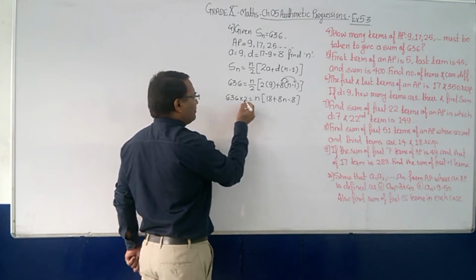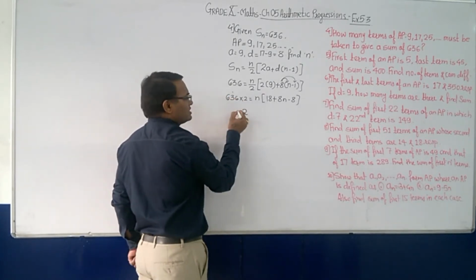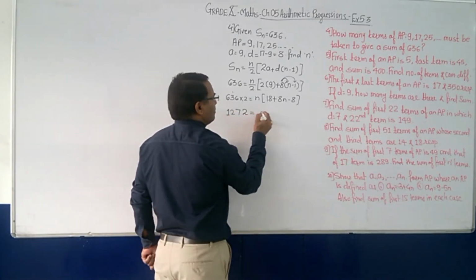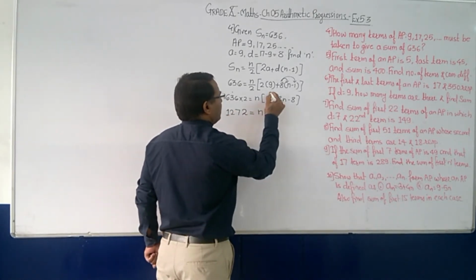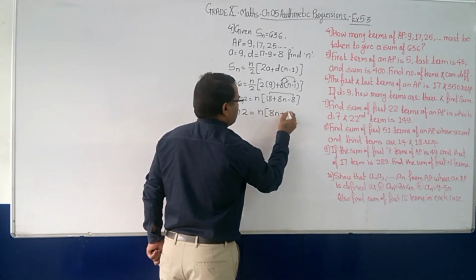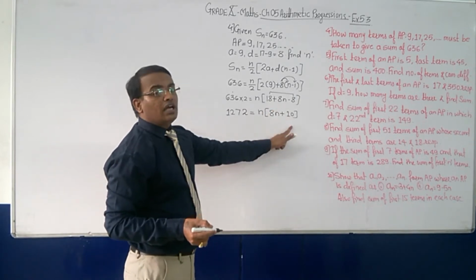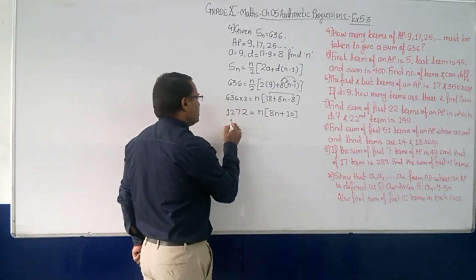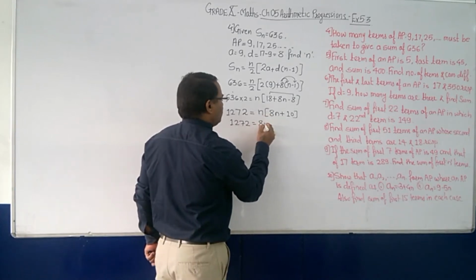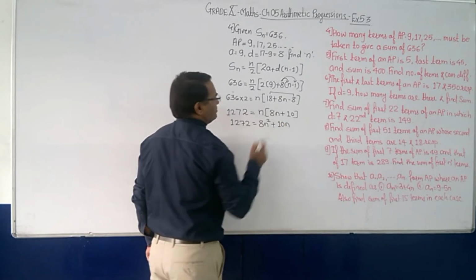If you go ahead with this, 2 sixes are 12, 1 carry, then 2 threes are 6 and 1 is 7, again 2 sixes are 12, so 1272 is equal to n into 8n plus 18 minus 8, which gives 10. So 1272 is equal to 8n square plus 10n.